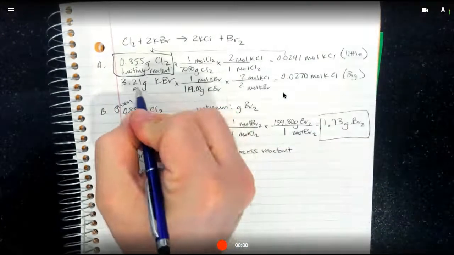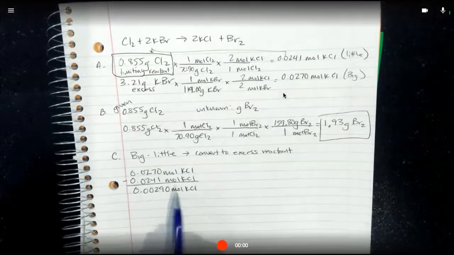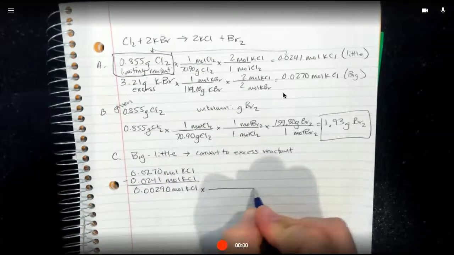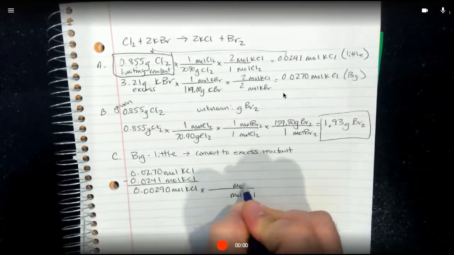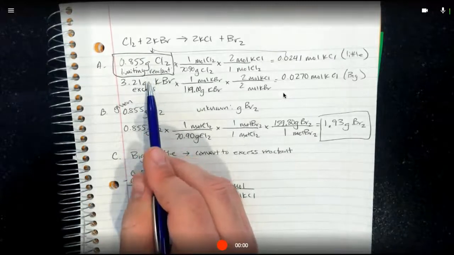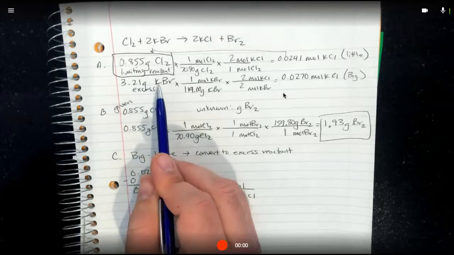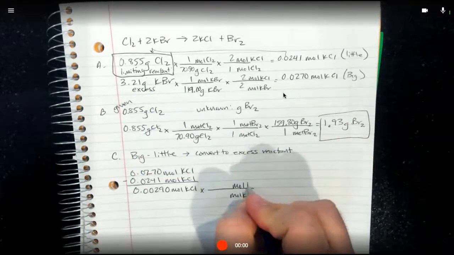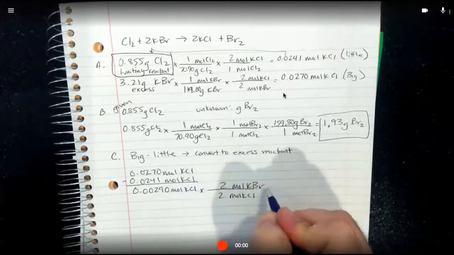So then we need to go back to our excess reactant and convert from moles of KCl to moles of our excess reactant. The excess reactant in this case is anything that's not the limiting reactant. So in A, we found the limiting reactant. The other substance, that's going to be our excess reactant. So that will be KBr. Mole over mole, use the coefficients.